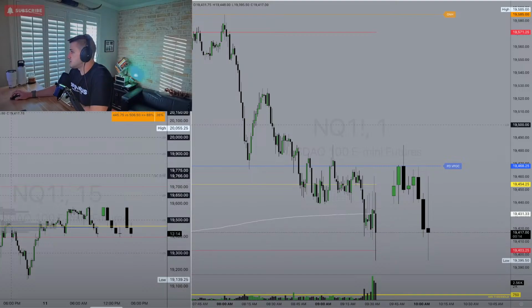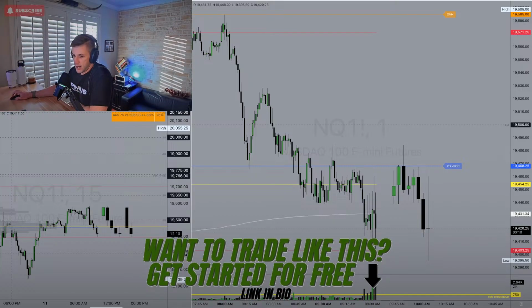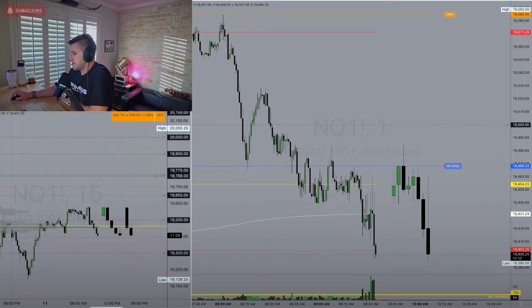Remember, with all this volatility, we have way wider structures. Make sure you drop size to account for those wider structures. Otherwise, you may be in for a little bit of a surprise. We don't want that.